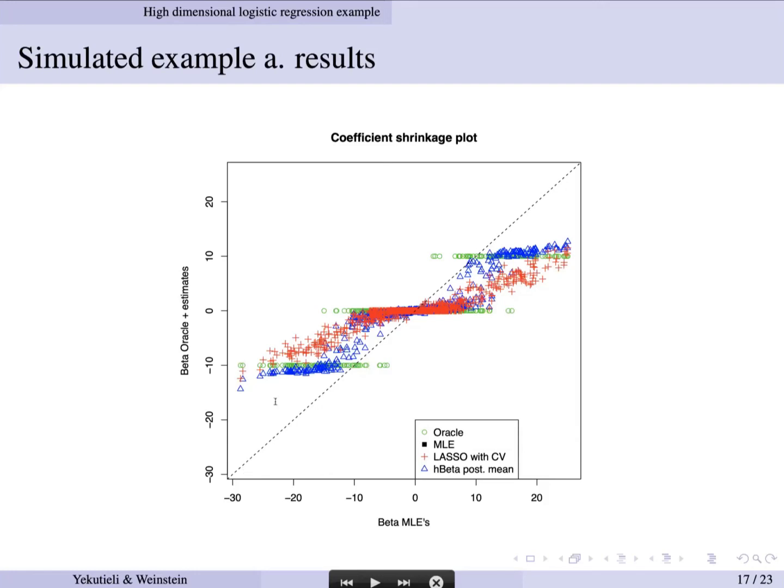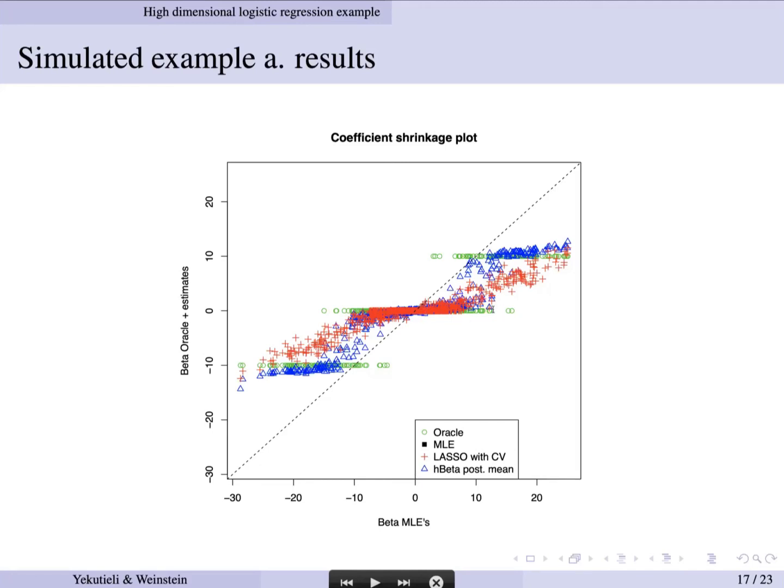What we see here is that the places where the MLEs are very, very negative correspond to the minus 10 parameters, okay? The places where the MLEs are not that small can be either minus 10 parameters or 0 parameters. The place where we have a near 0 MLE, it's only 0 parameters.